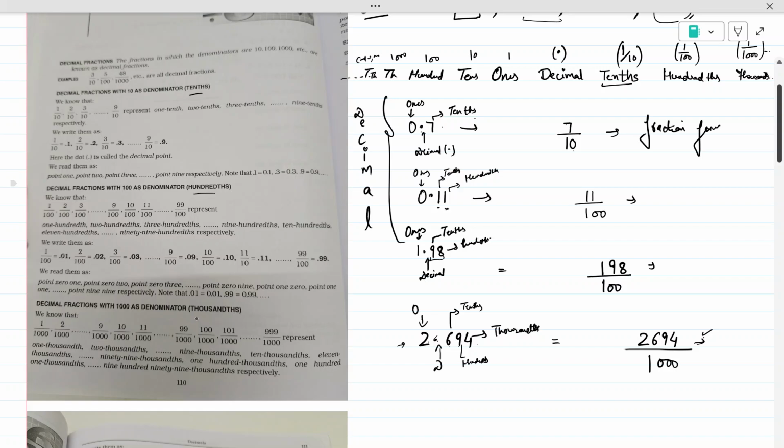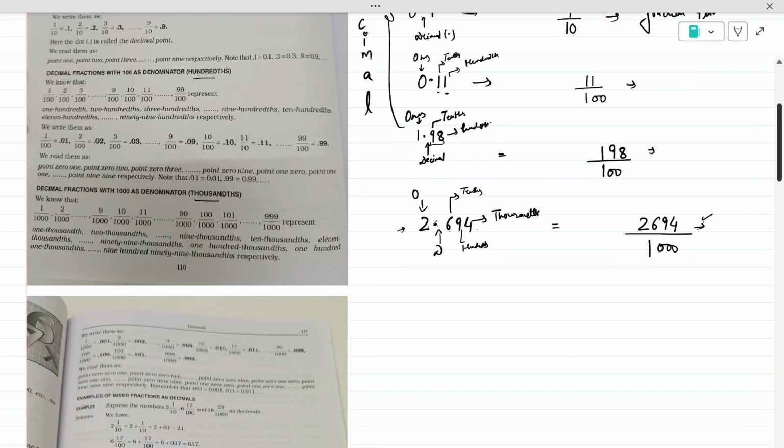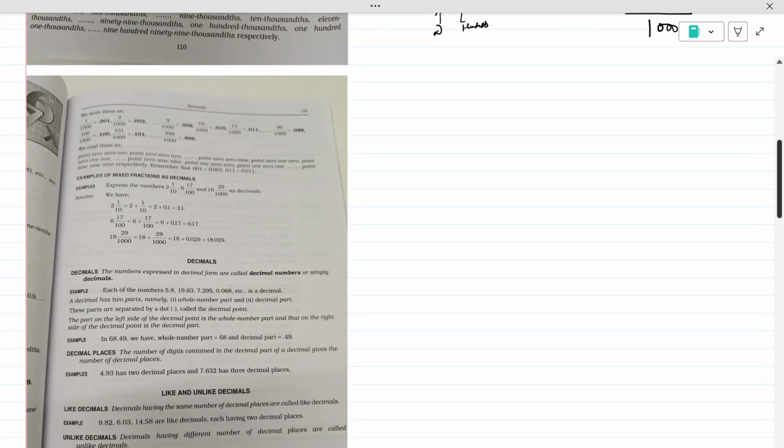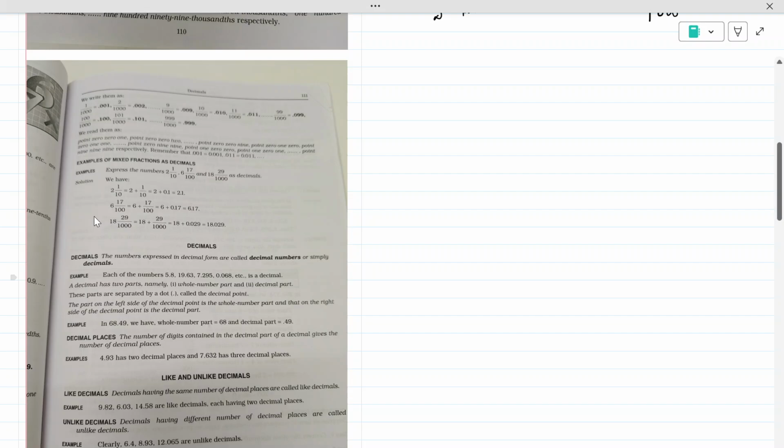Similarly, the thousandths are represented by 1 by 1000, 2 by 1000 and so on. These are the decimal representation of a number, and this is the fractional representation of the number. Now what we have next here is examples of mixed fractions as decimals.